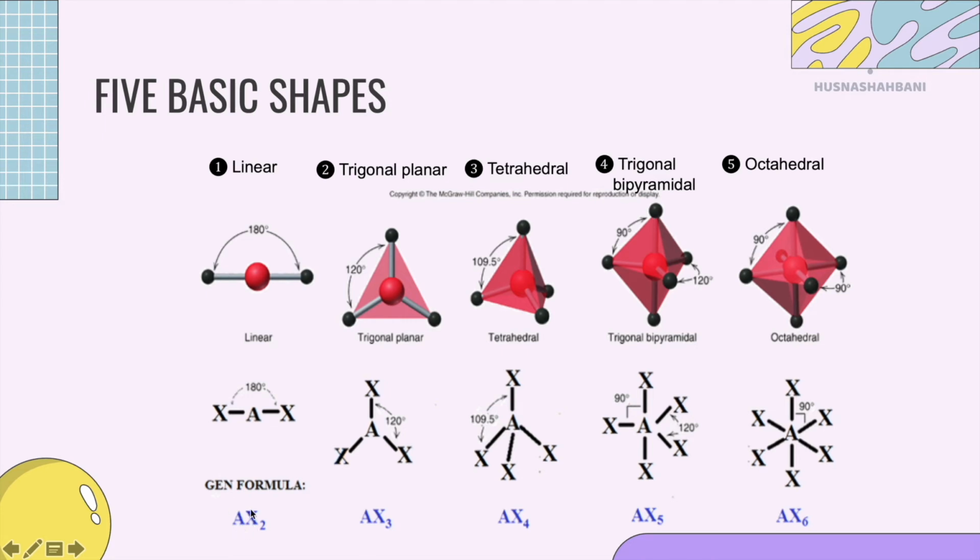The general formula for linear is AX2 because it has 1 central atom and 2 surrounding atoms. Trigonal planar, 1 central atom, 3 surrounding atoms. Tetrahedral, 1 central atom, 4 surrounding atoms. Trigonal bipyramidal, 1 central atom, 5 surrounding atoms. Octahedral, 1 central atom, 6 surrounding atoms.